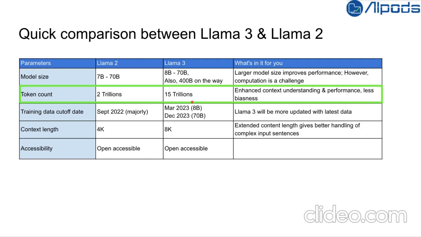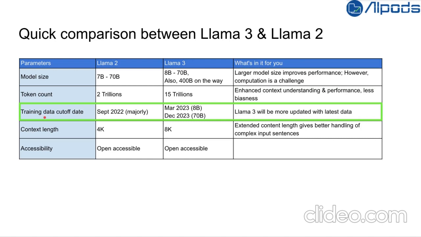Coming back to the significance, Llama 3 contains more than 7 times the vocabulary of Llama 2. That means the vocabulary of Llama 3 is very rich, and thus it will have a better understanding of the context and better performance. So this is a very good advantage of Llama 3 over Llama 2.